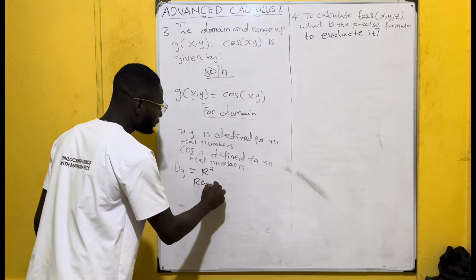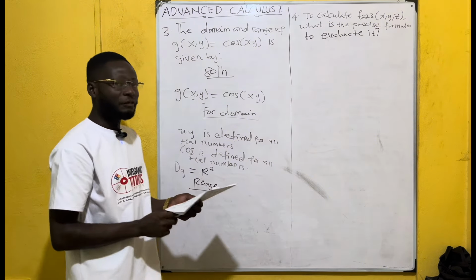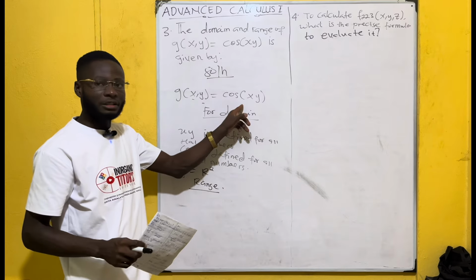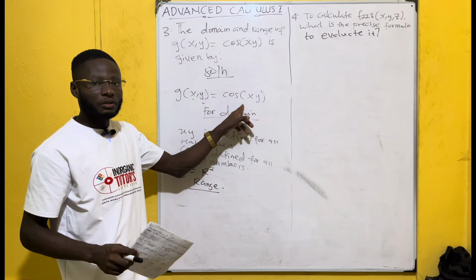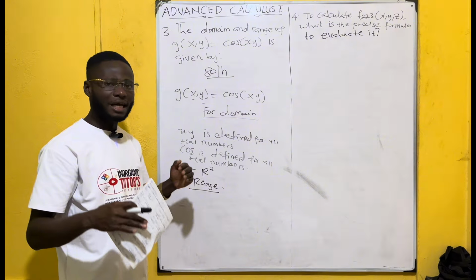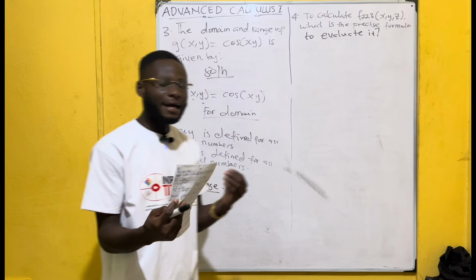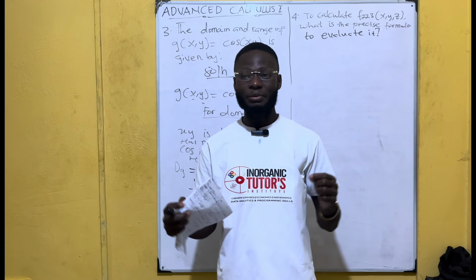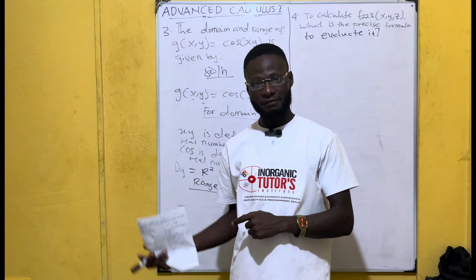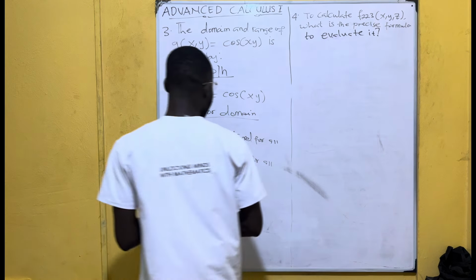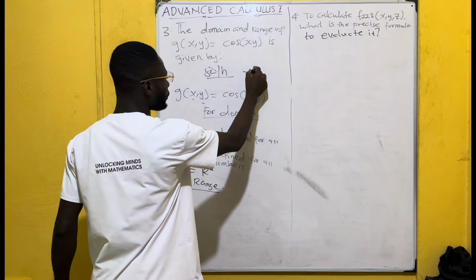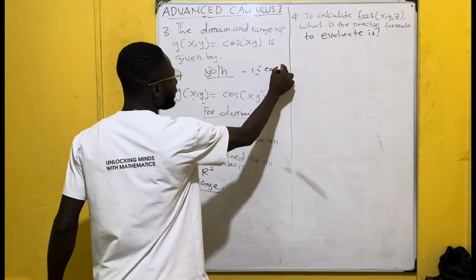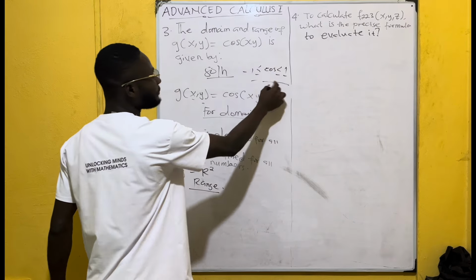With the range, remember, for you to get the range of a particular function, especially functions like cos and sine, they lie within a given boundary, that is within -1 and +1. So always know that sine and cos are bounded within +1 and -1.